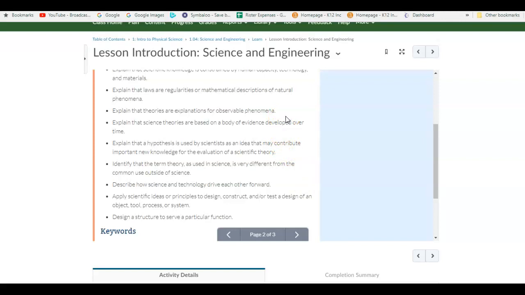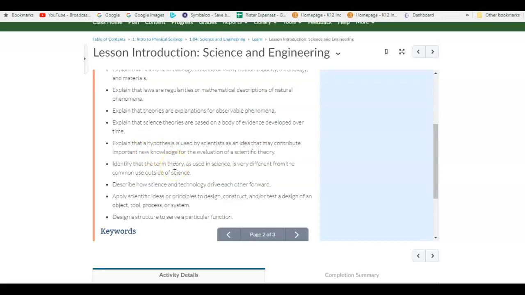Explain that theories are explanations for observable phenomena. So sometimes we create laws, sometimes we create theories about things. Explain that science theories are based on a body of evidence developed over time. Explain that a hypothesis is used by scientists as an idea that may contribute important new knowledge for the evaluation of a scientific theory. So one thing to remember is a hypothesis is most of the time incorrect.